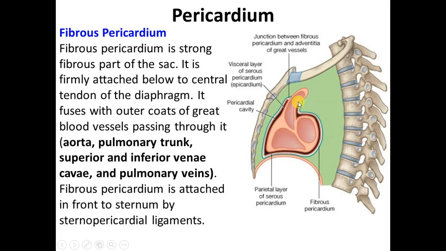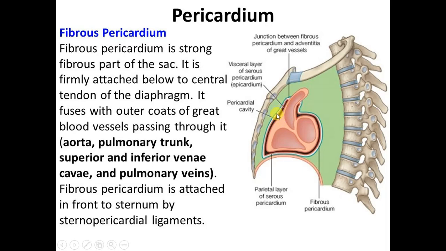And above, we see that the fibrous pericardium is attached to the outer layer of the great vessels: the aorta, pulmonary trunk, vena cava, and pulmonary veins. Within this fibrous layer is the serous pericardium, having two layers.